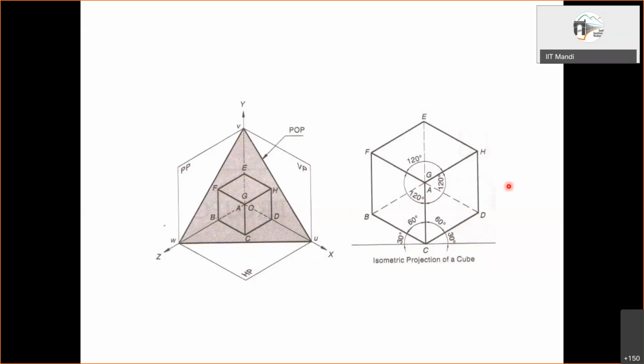This diagram shows the isometric projection of a cube and also gives other finer details which will be useful when we draw isometric projections as we go further in the topic.